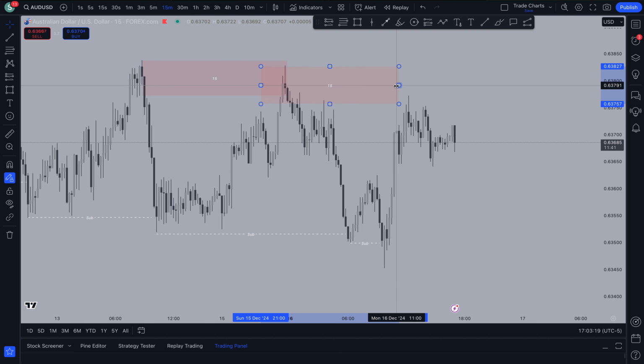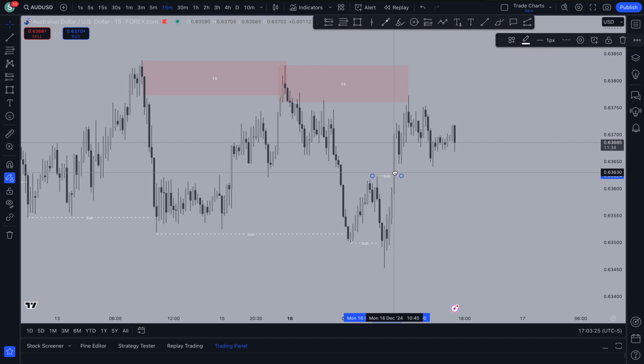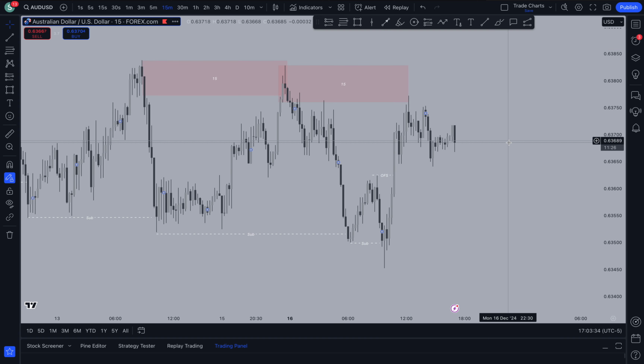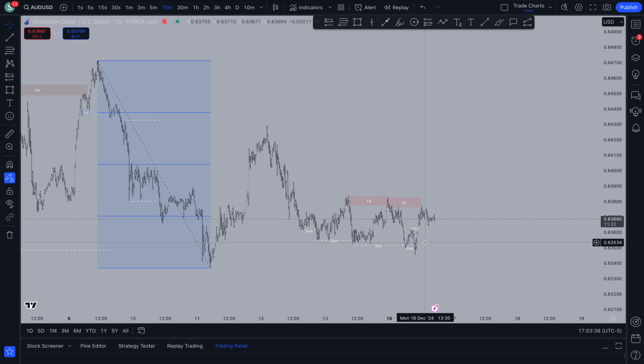And then by the time price traced back up over here, we were out of our session, and it was, you know, counter order flow, because we had a break here, a break there, order flow shift here, and yeah, so no trades there.